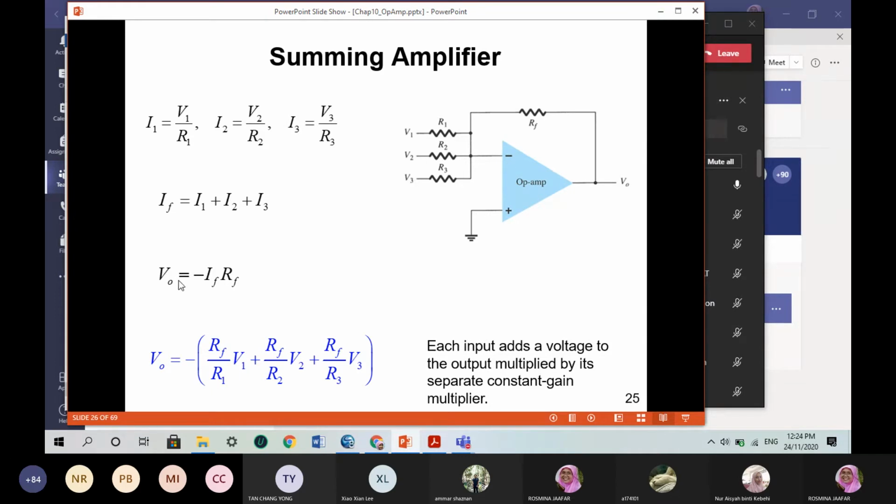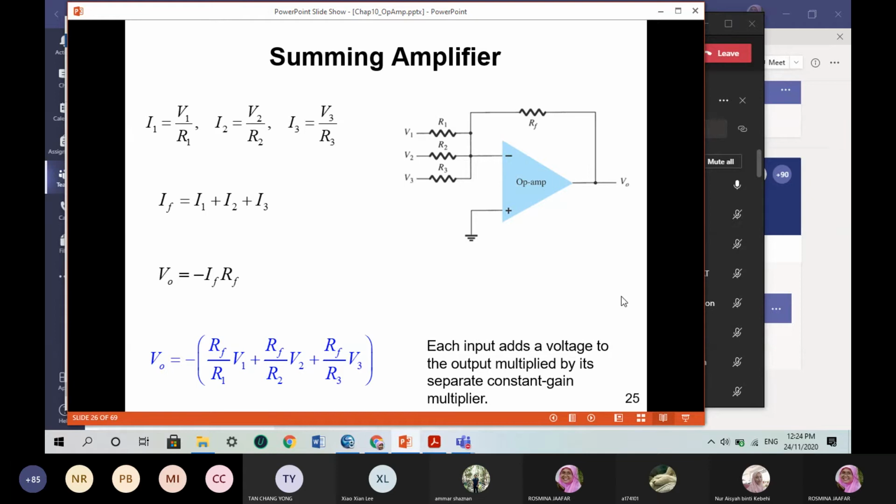Okay, because VO is actually IF times RF, but the IF here is coming from individual current that pass through R3, R2, and R1.